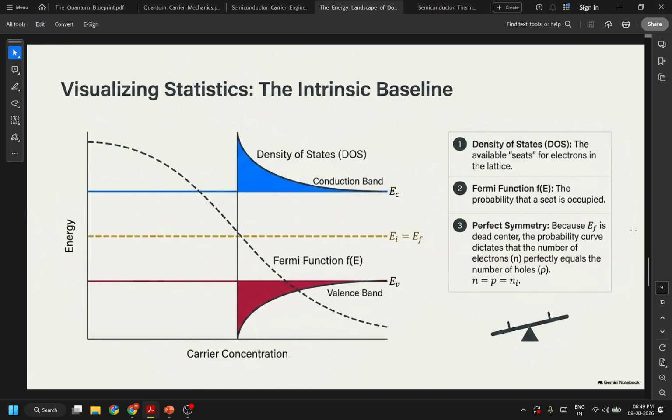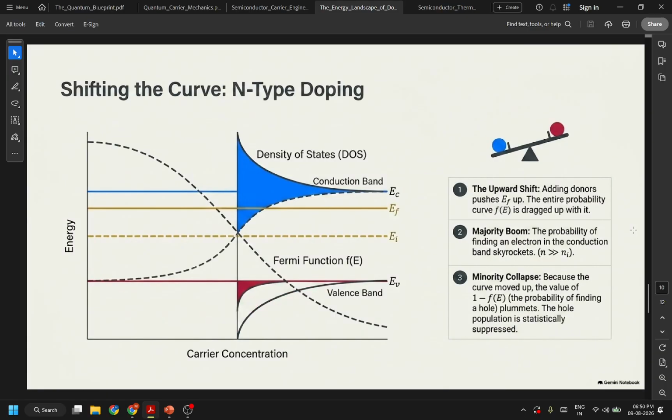So you can visualize it. Because EF is at the dead center, the probability curve dictates the number of electrons equals the number of holes, that is N equals P equals Ni. But as EF shifts towards the conduction band, adding donors shifts EF up, the entire probability curve is dragged up with it.